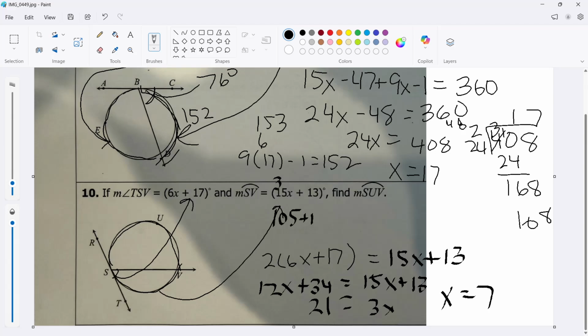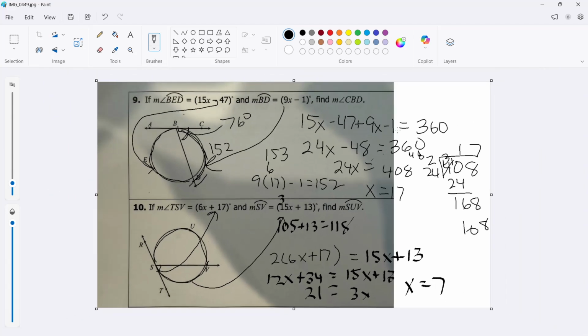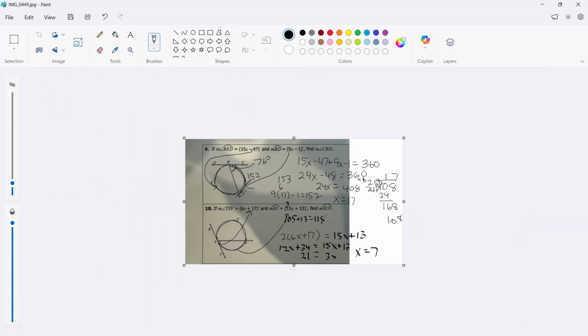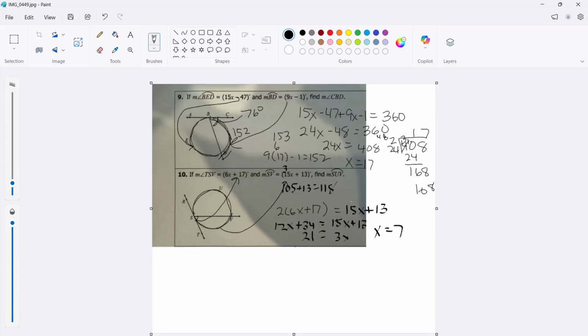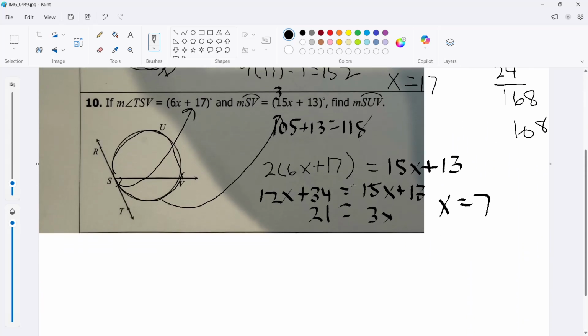So SUV is 360 minus 118, you can do it on a calculator. That's 242 degrees. So arc SUV is 242 degrees.